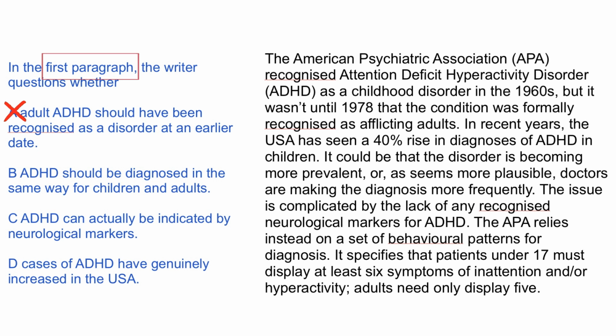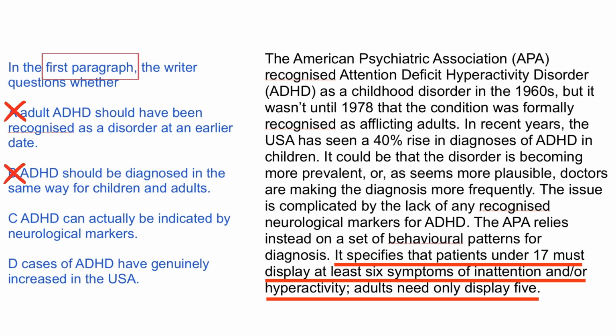It says here in the last sentence that patients under 17 must display at least 6 symptoms of inattention and/or hyperactivity. Adults need only display 5. But it didn't say that the writer is questioning this way of diagnosis, so letter B is incorrect.